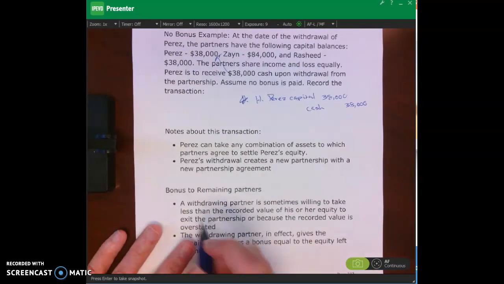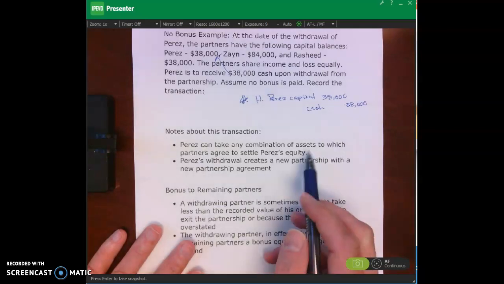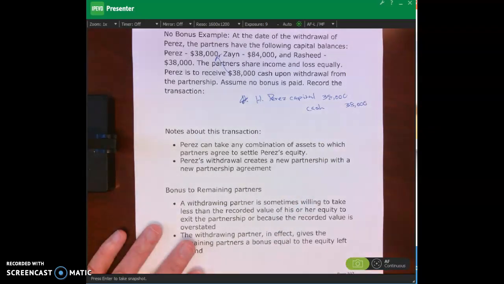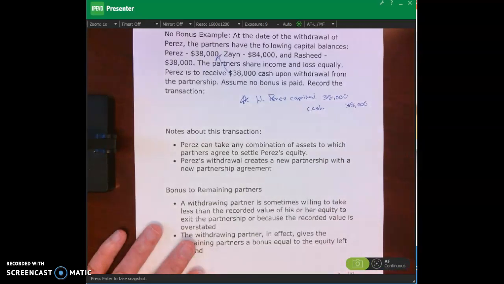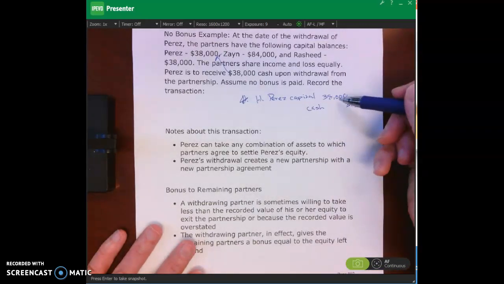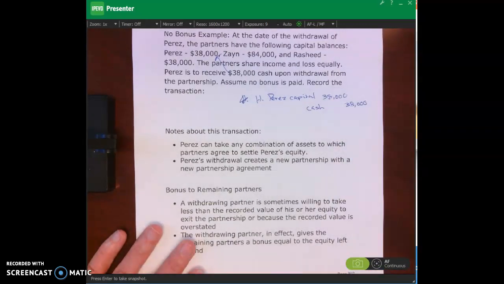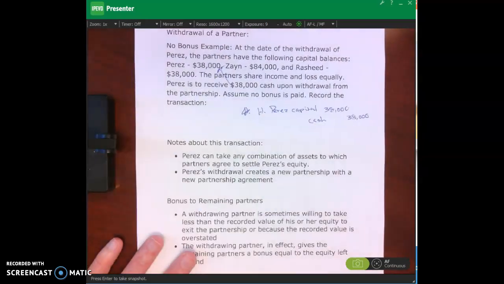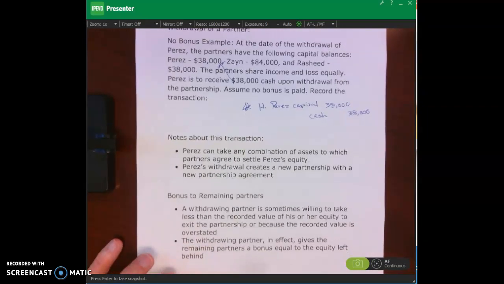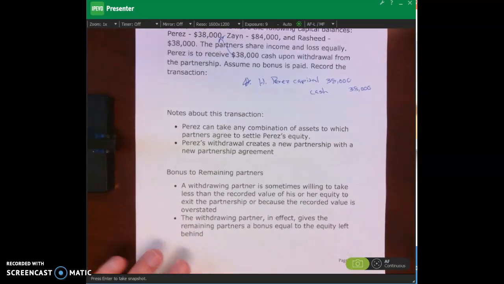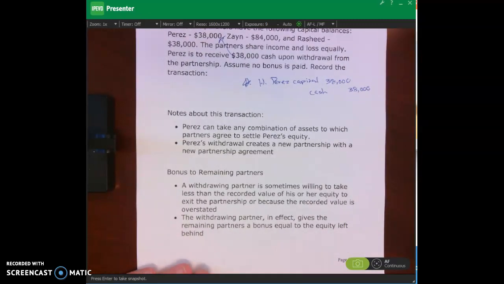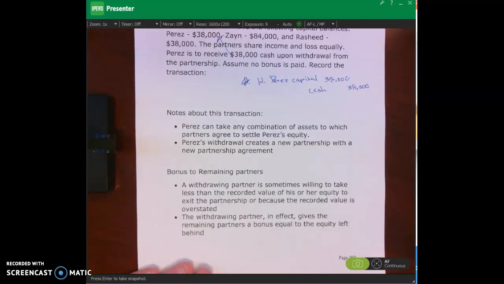To comment on that a little more, Perez can take any combination of assets. In this case it's just cash, but he could take other assets as well. It would just have to equal his capital for the no bonus example. Sometimes, though, a withdrawing partner is willing to take less than his or her capital balance.